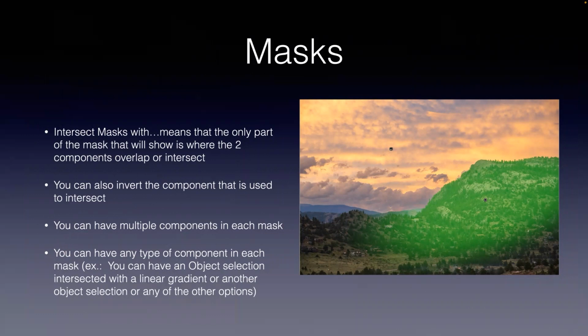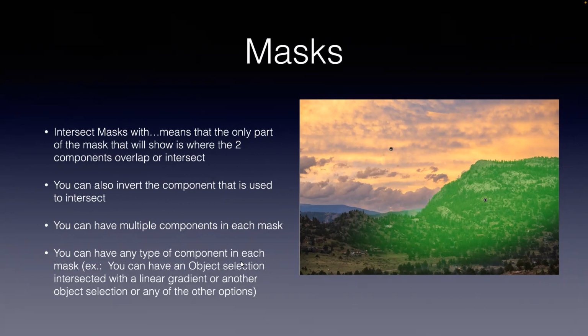And within these masks, you can invert those components if that works better for you. If we would have inverted this oval, or excuse me, radial gradient, then it would have affected the outlying area, and then this would have gone dark and this would have stayed light.